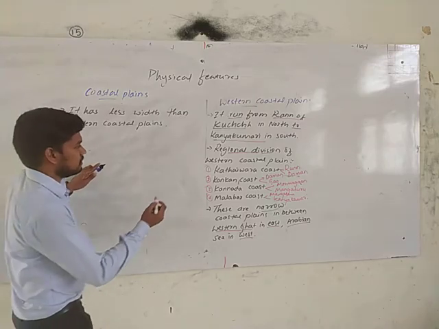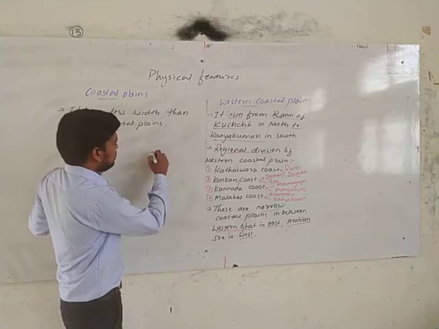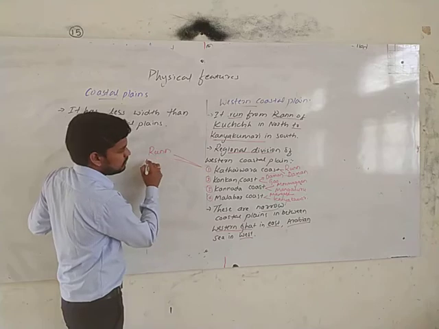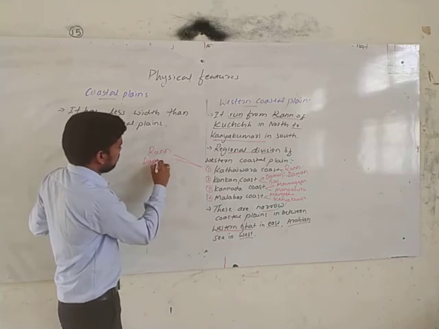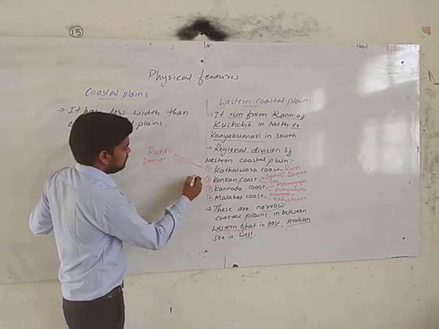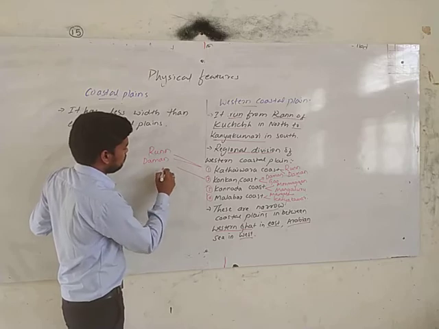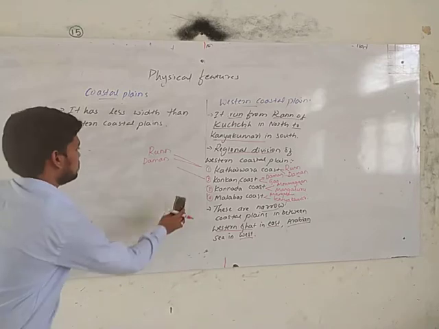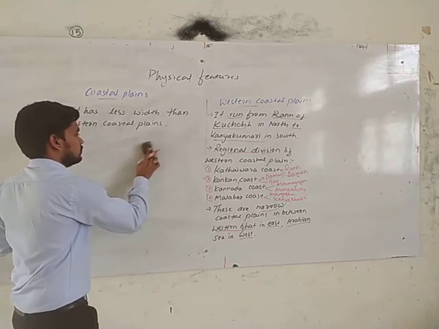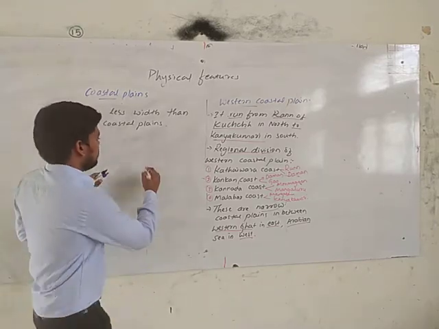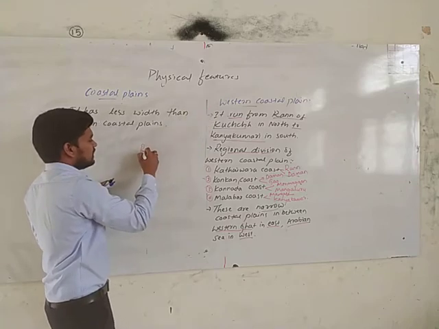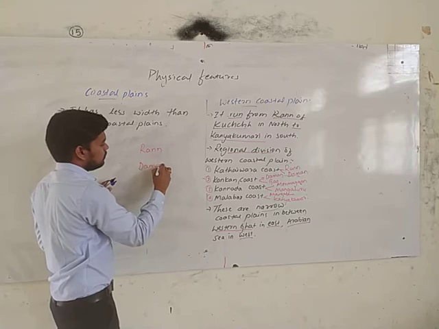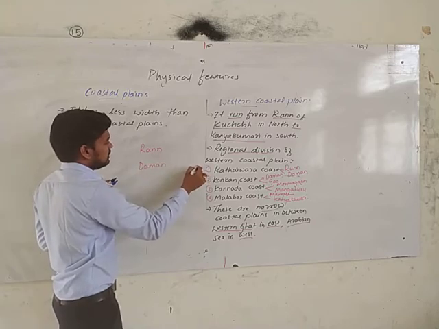If it is very difficult to understand, I will write here. The western coastal plain that extends from the Rann of Kutch to Daman is the Kathiawar coast.